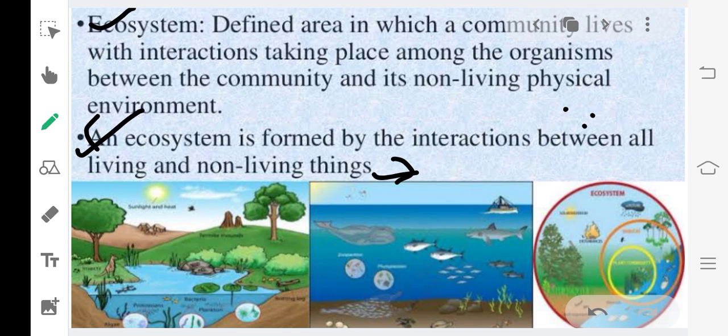An ecosystem is formed by the interaction between the living and non-living things. Note this one.